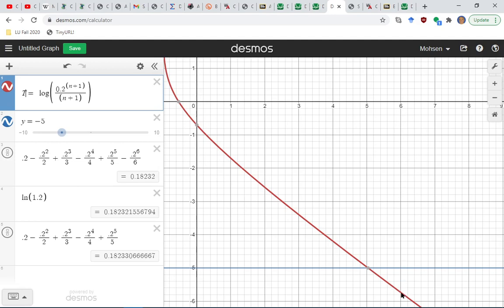So if n is equal to 6, our Maclaurin series is going to be what I have typed here, and when you calculate this thing, you get 0.18232. If you actually calculate the logarithm of 1.2, you get this one. You notice that the first 5 decimal places are exactly the same.